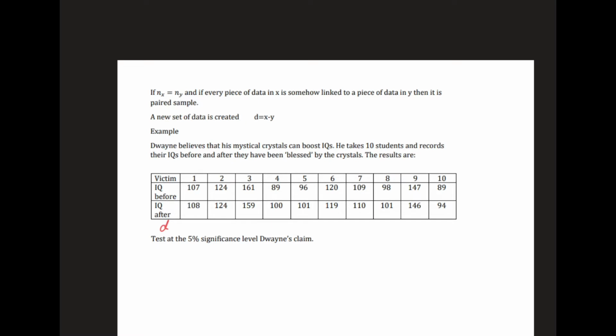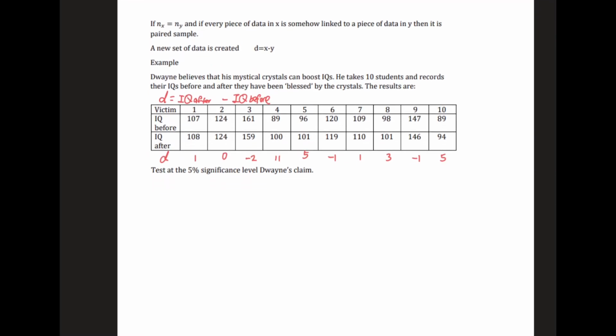Let's say I take d equal to IQ after minus IQ before. Then I will get 1, 0, -2, 11, 5, -1, 1, 3, -1, and 5. So we get this set of data, which is D.